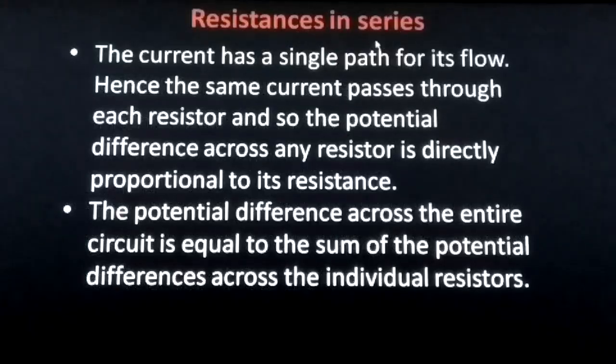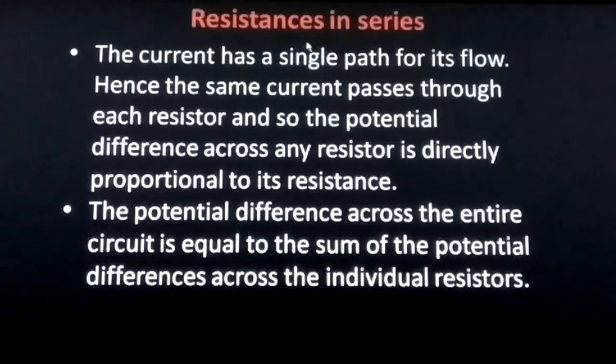Series resistance means two or more resistances are joined end to end so that the same current flows through each of them. Students, observe clearly and understand clearly about the different types of resistances.